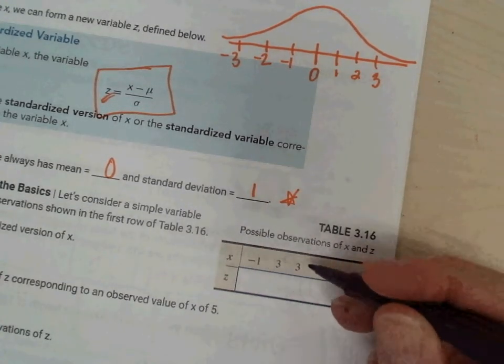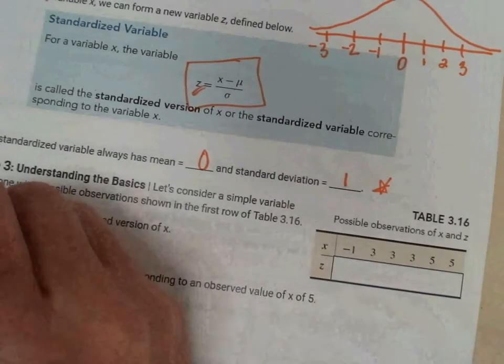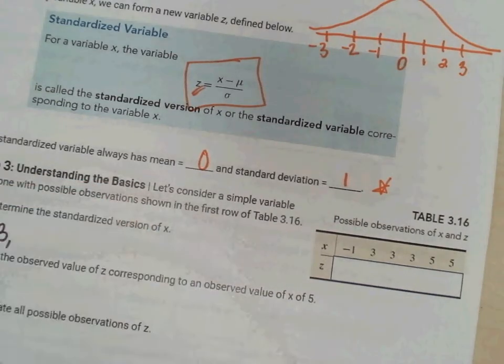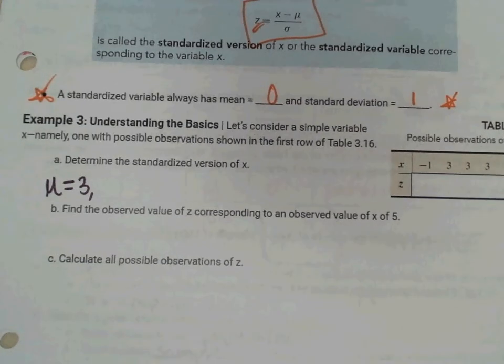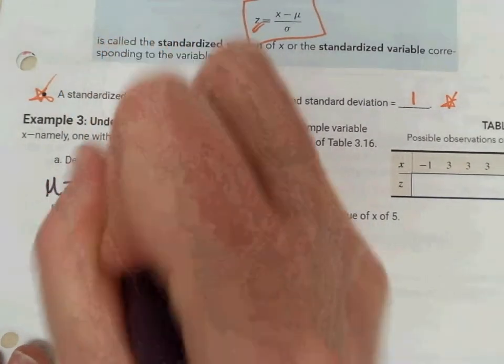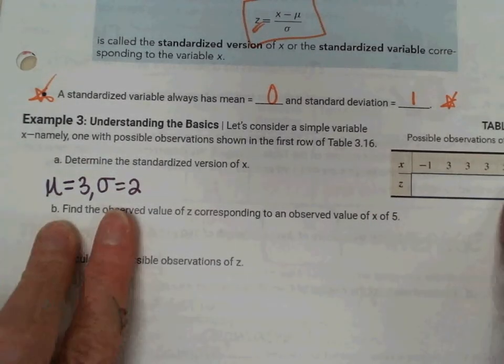You could quickly calculate the mean: add up -1, 3, 3, 3, 5, and 5, divide by 6, and you would get mu equals 3. It might take you another minute to pull out Google Sheets and enter those in, but you could pretty quickly then also get the standard deviation of this little data set is 2.